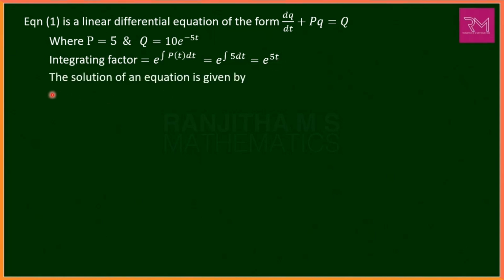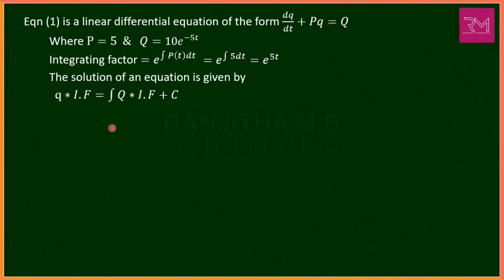Next we have to find the solution for the linear differential equation of the form dQ by dt plus P into Q is equal to Q. Therefore the solution is of the form Q into integrating factor is equal to the integral of Q into integrating factor plus c. In the previous problem we had I in place of Q, because the equation was of the form di by dt, but here it is of the form dQ by dt.